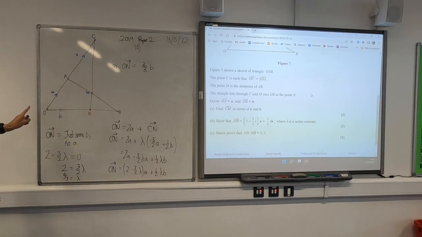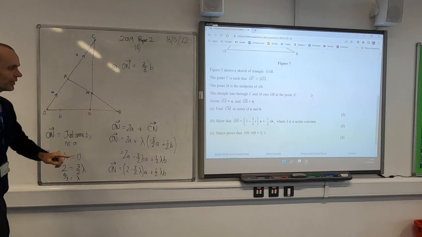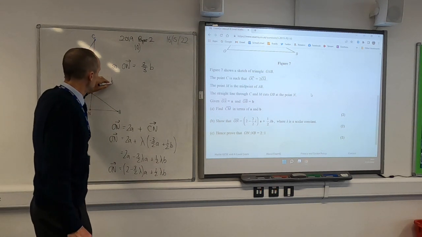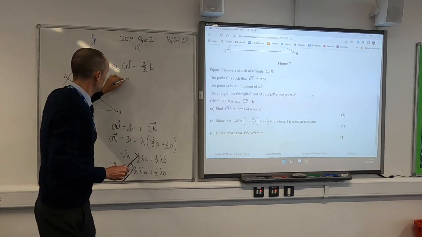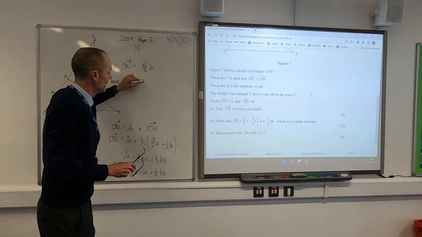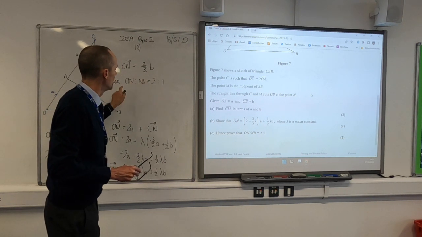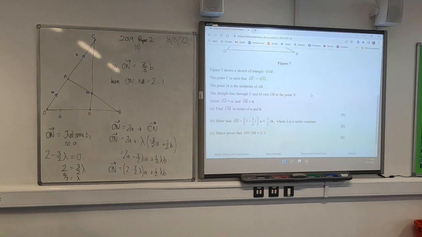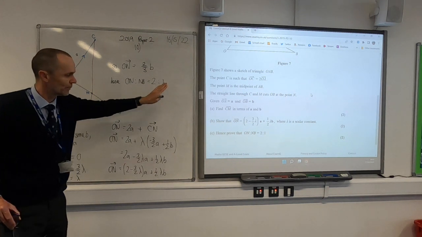So what I've shown is that this journey is 2/3 of that journey, and hence the thing we're trying to show: O to N to B is 2 to 1. That's another way of saying it's 2/3 of the way along. It's 3 shares, it's 2 shares and 1 share.